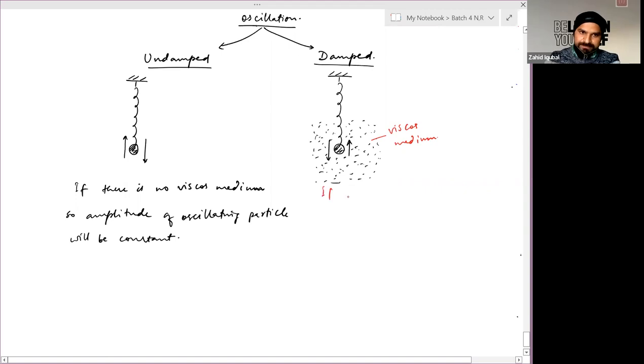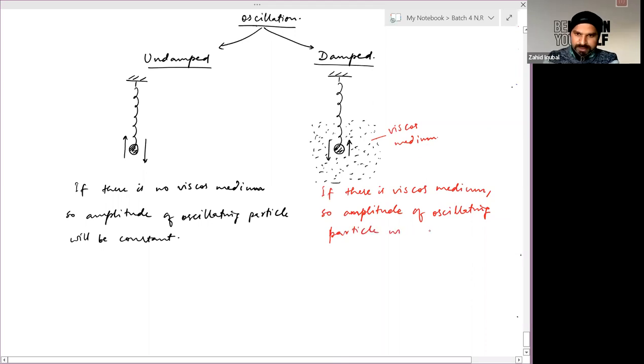So if there is a viscous medium, the amplitude of the oscillating particle will decrease exponentially.